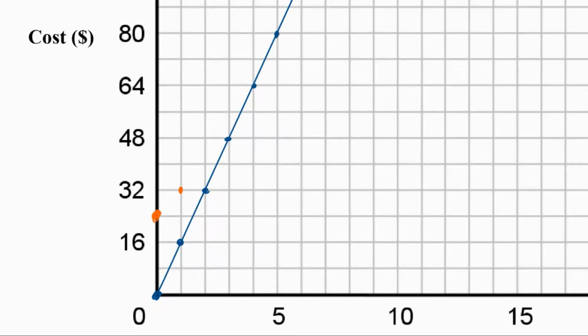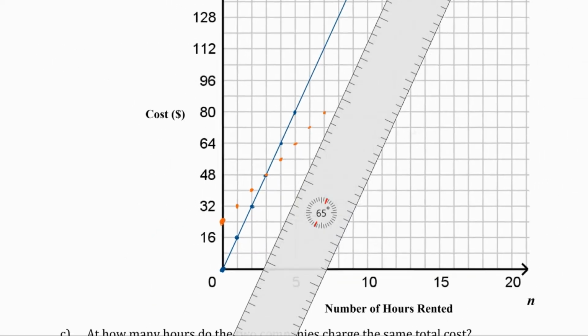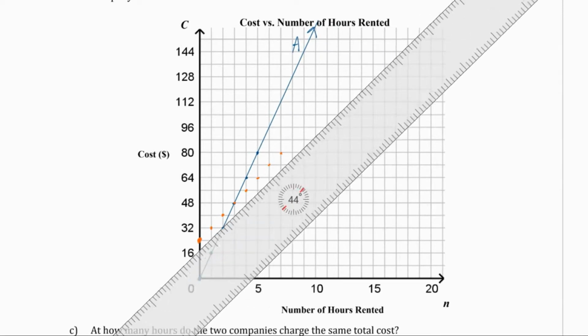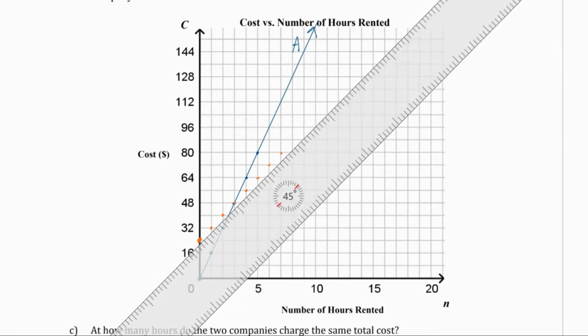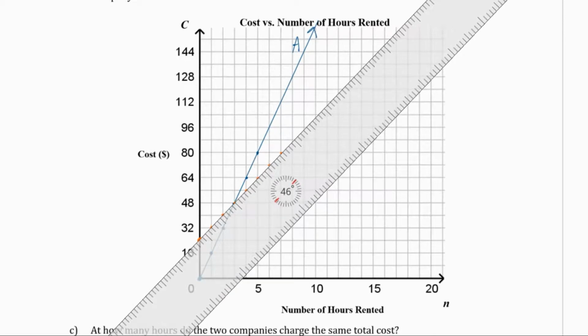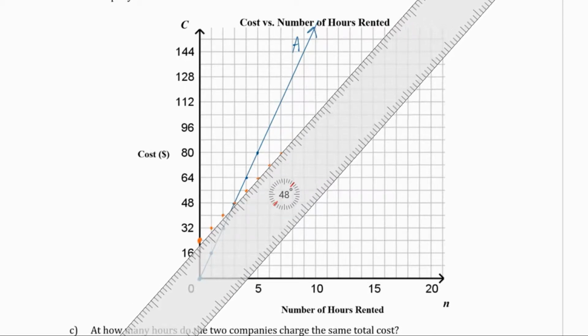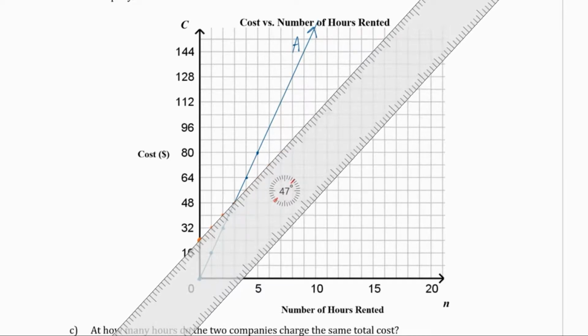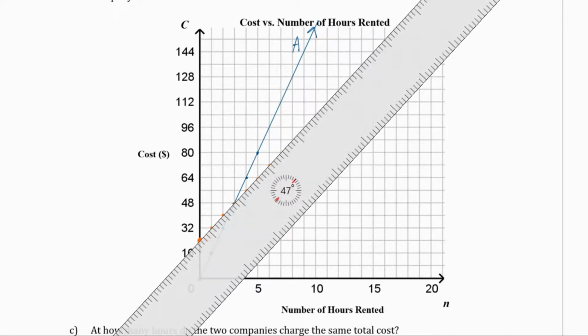So up 8, up 8, up 8, 8, 8, 8, 8. Now I did even more points that time. See how close to perfect I can get this. That's pretty good right there.